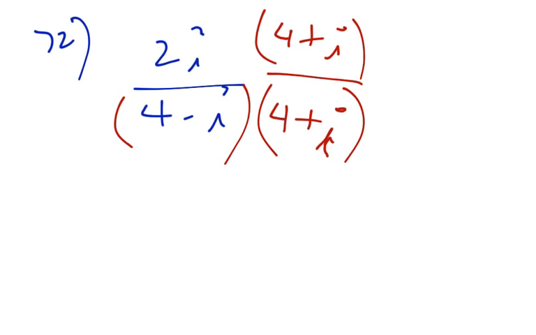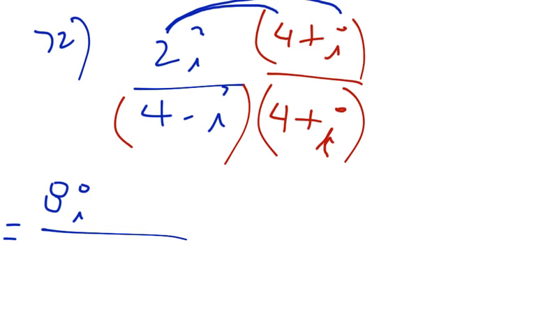Now you do FOIL. Let's solve the top first. The 2i multiplies the 4 and gives you 8i. The 2i multiplies the i and gives you 2i squared, and we'll take care of that i squared in a minute.